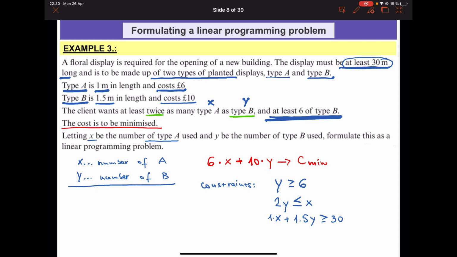If you prefer to work with whole numbers, then just multiply it by 2 and take 2x plus 3y is greater or equal to 60. It's the same constraint. And then of course you should have x greater or equal to 0 and y is greater or equal to 0, but because I already said y is greater or equal to 6, this one is not really needed.